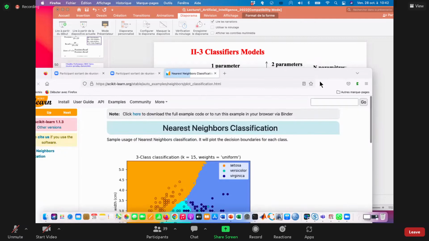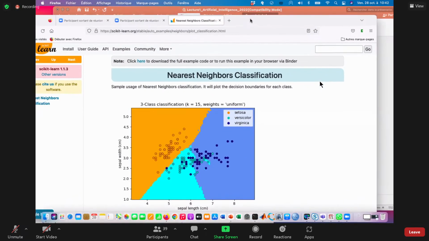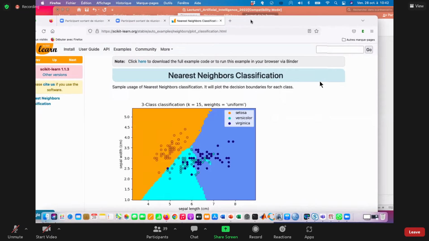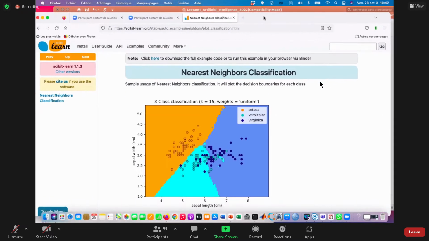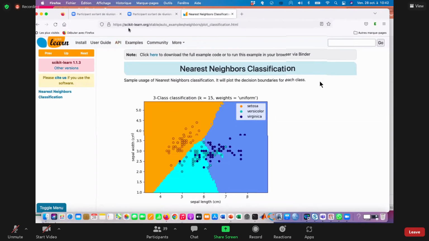That is just to show you some examples. So here in my slides, I gave a website address. So we can use this one with scikit-learn, and scikit-learn is, as I explained before, a library in Python that you can use.